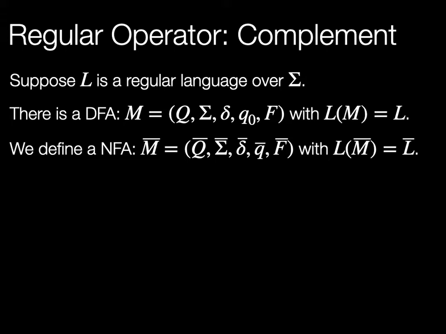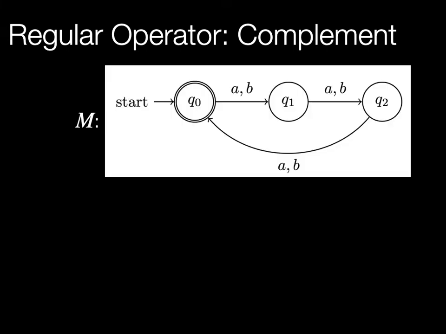To see how we will do this, let's consider an example. Suppose M is the DFA on the top. The complement says that when M accepts a word, its complement, M bar, should reject the same word, and when M bar accepts a word, M should reject the same word. Well, we know that when a DFA accepts a word, it stops in a final state with no input left over.